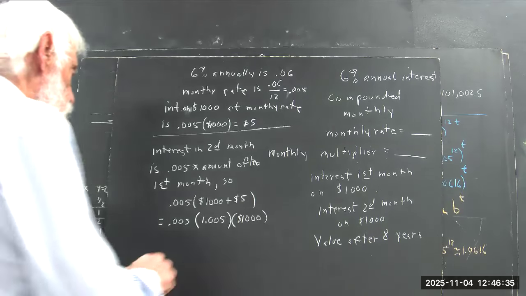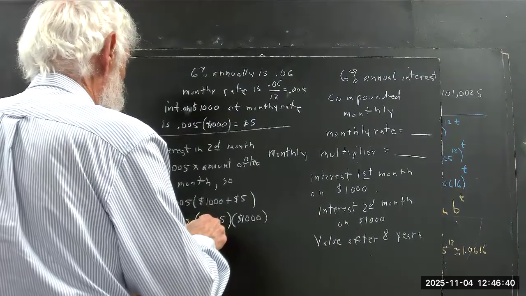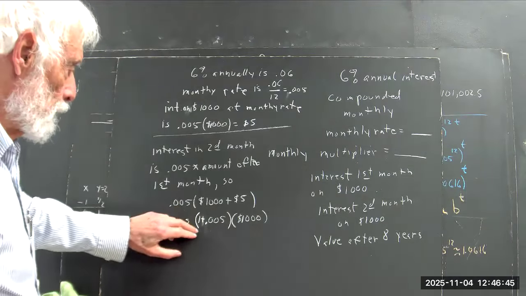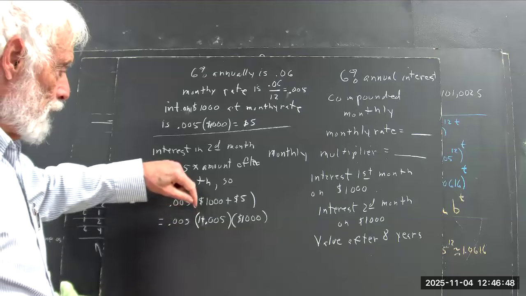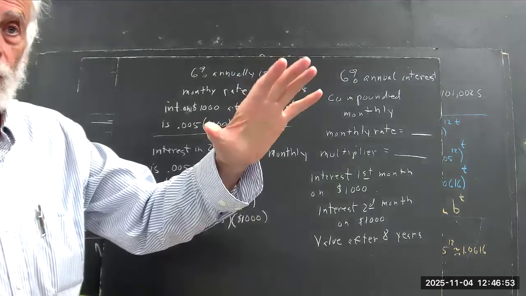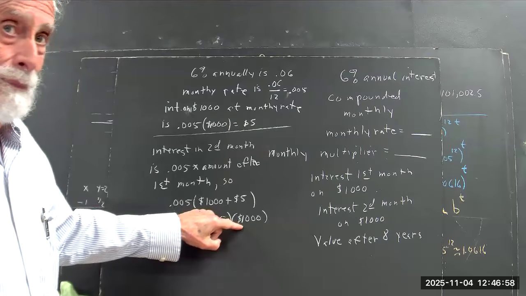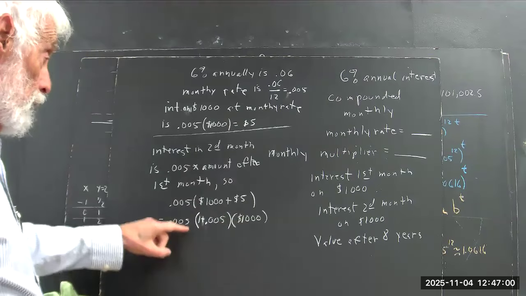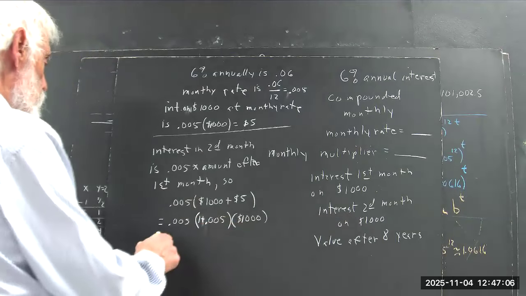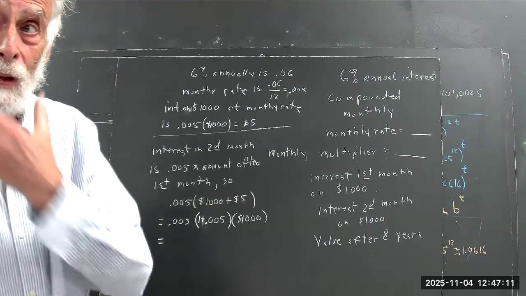As a matter of fact, I'm going to write that a little differently, as 1 plus 0.005 times $1,000, so we can really see what this is saying. We multiplied the $1,000 by 0.005, that gave us $5, right? And then we multiplied it by 1, that gave us $1,000. The distributive law then is 1 times 1,000 plus 0.005 times 1,000, which is $1,000 plus $5.